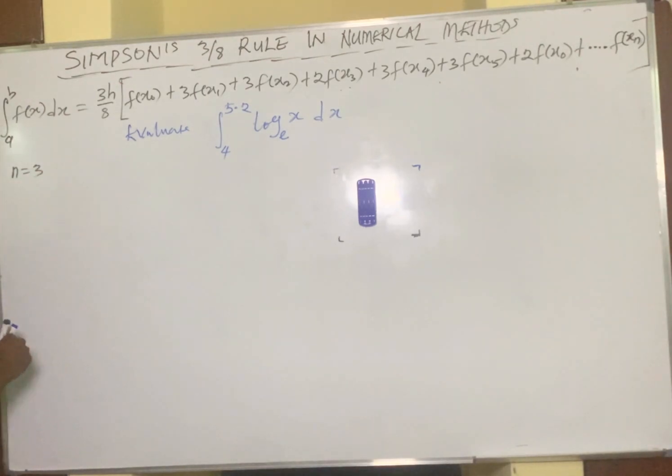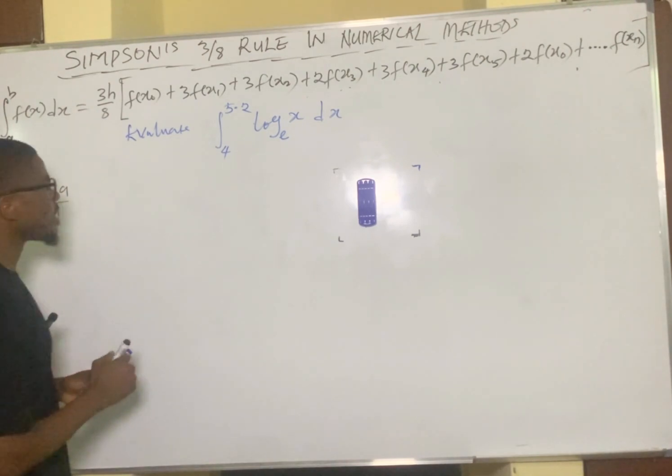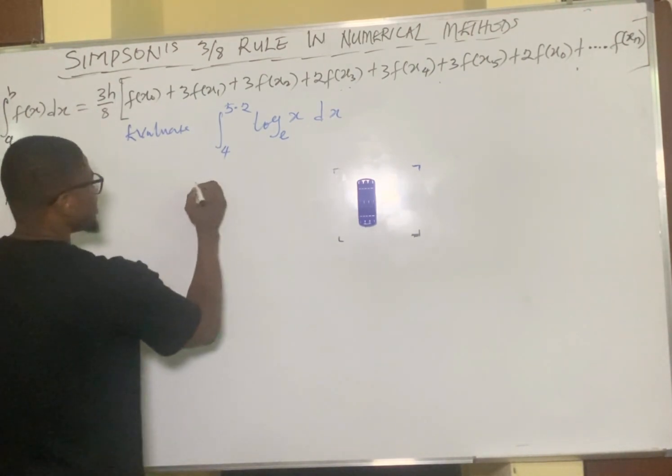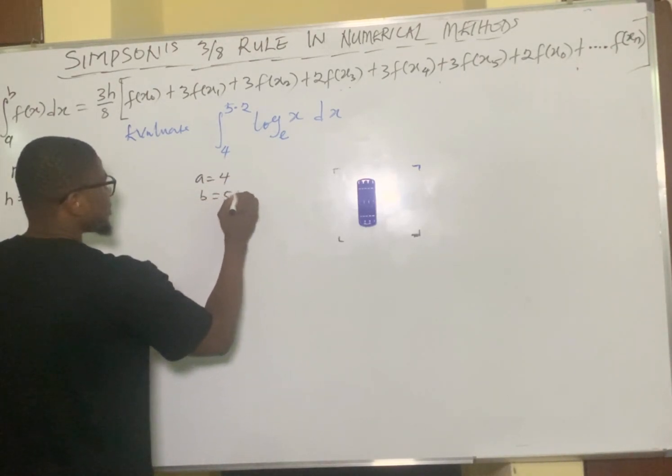Alright, so remember your interval h can be found as b minus a all over n, where b is the upper limit and a is the lower limit. So from the question, a is actually 4 and b is actually 5.2.